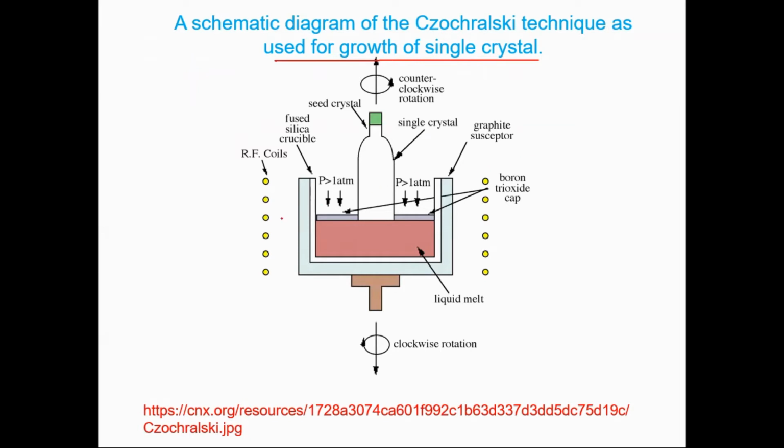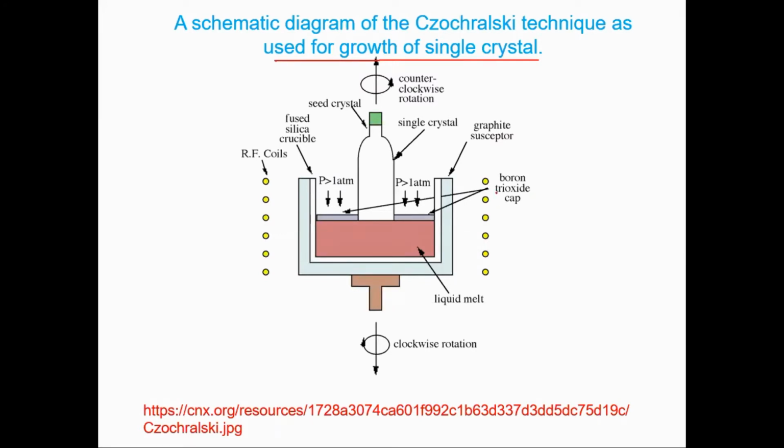These are the RF coils, radio frequency coils. Their purpose is to heat this. Inside, you put your amorphous silicon, meaning no silicon geometry is there, and it is heated up.